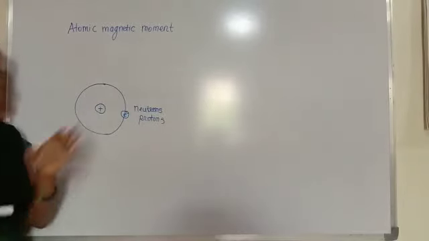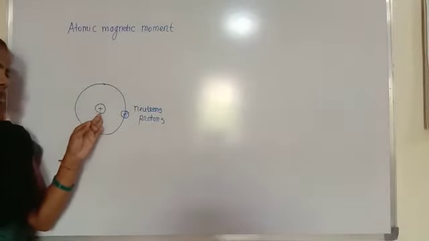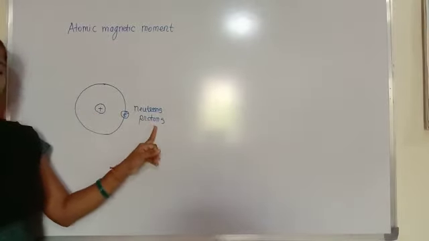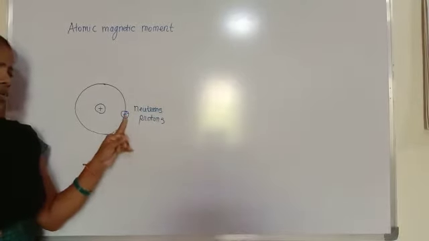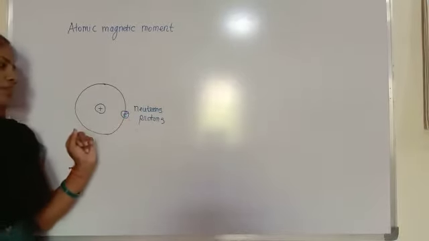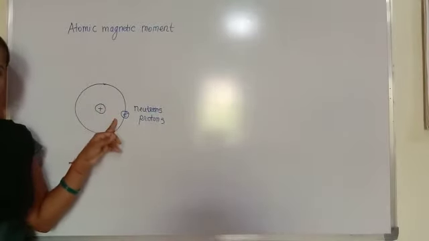The whole mass of the atom is concentrated at the center, which is positively charged due to the proton. The proton has the positive charge and the electron has the negative charge. Revolution of the electron in the anti-clockwise direction is equivalent to a current in the clockwise direction.